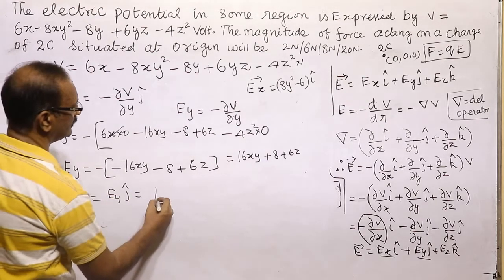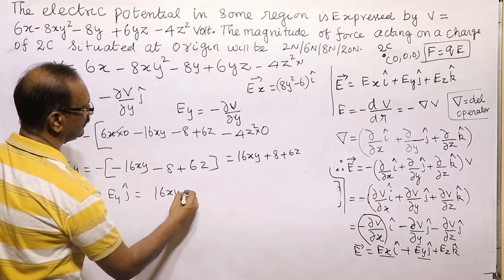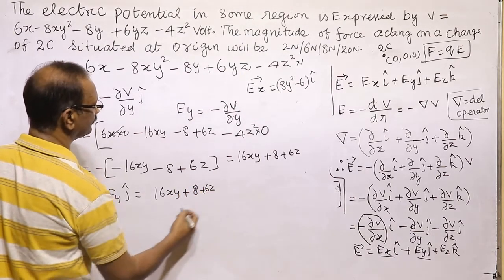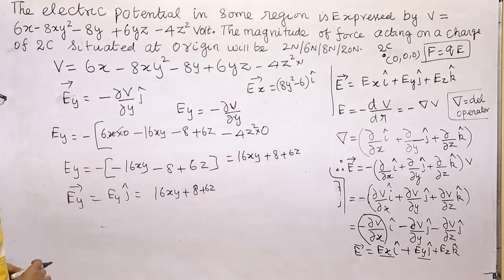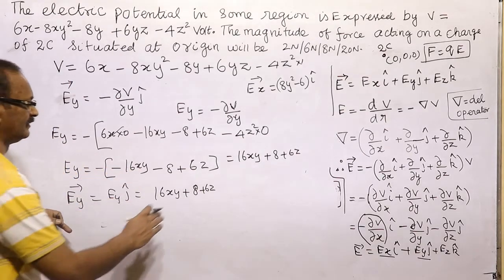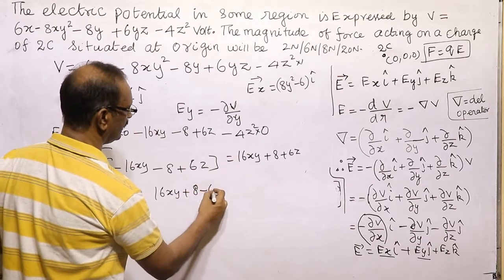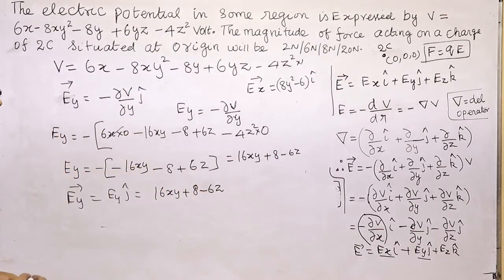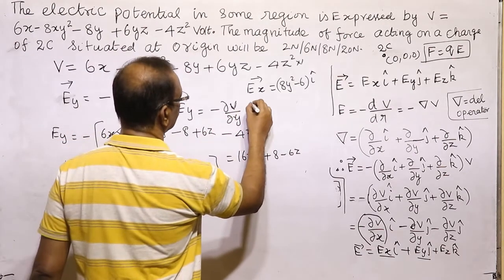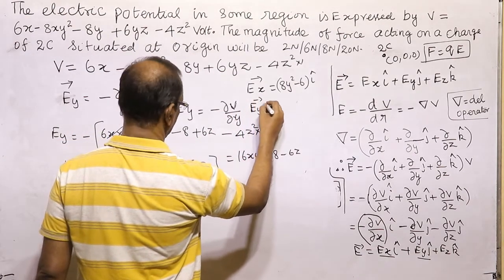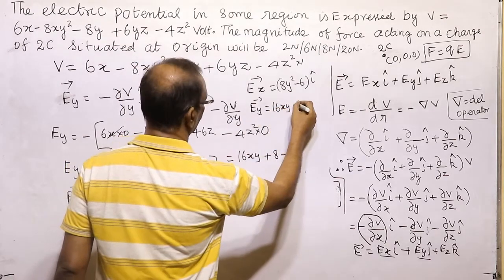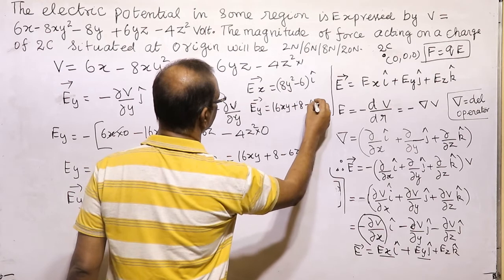This is equal to 16xy plus 8 minus 6z j cap.